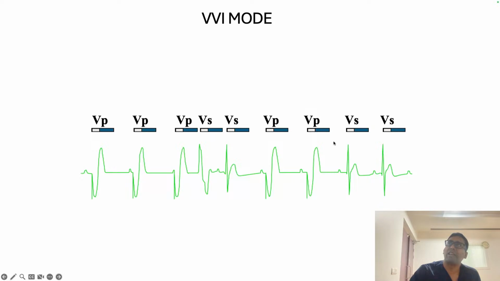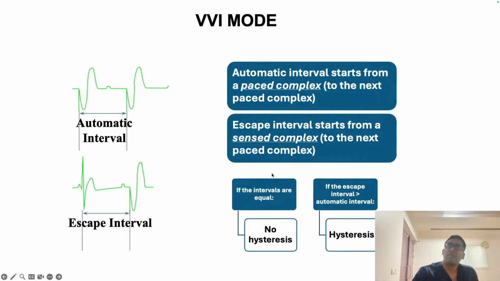Here the lead is in the ventricle and it is not associated with any activity happening in the atrium. So if a complete heart block patient is there, P is happening and you have just put one lead, so the ventricular pacing will be very fixed. This interval will always be fixed. It will happen at a particular rate. But when the same patient has a dual chamber pacemaker, it will be totally different.